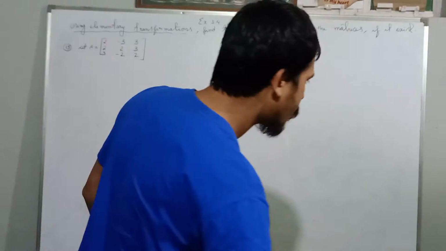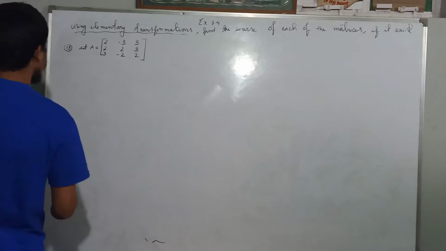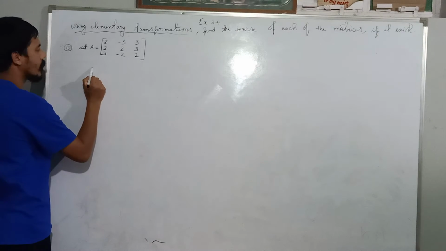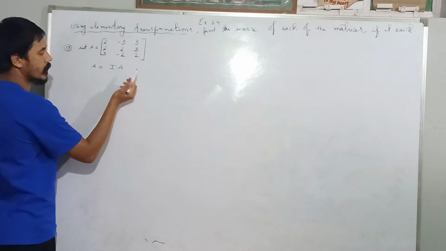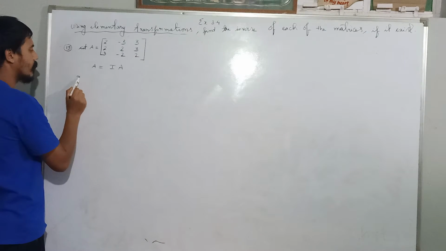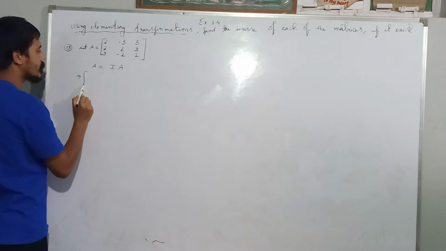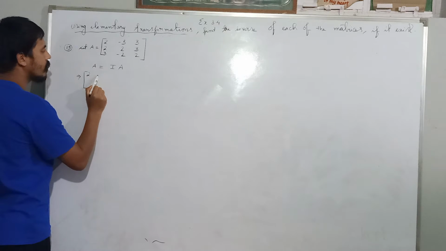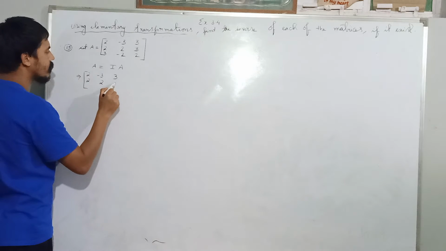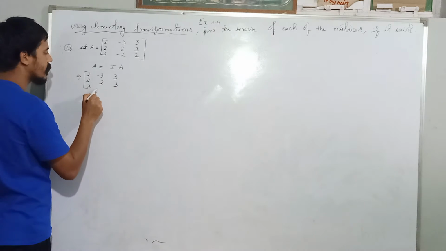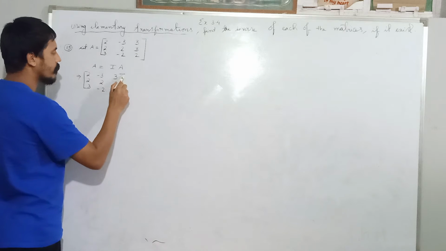So we follow the same rules, the same procedure. We know that any matrix A is equal to the identity matrix into A. Now A is your 3 cross 3 matrix, 2 minus 3, 3, 2, 2, 3, and 3 minus 2, 2.